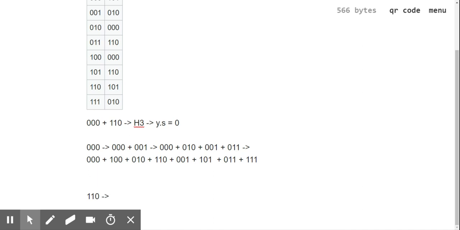So what this basically might be telling me is that's the kind of interference you get when you apply a Hadamard gate to a superposition of two separate states.